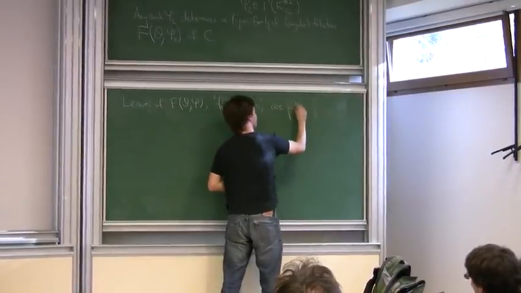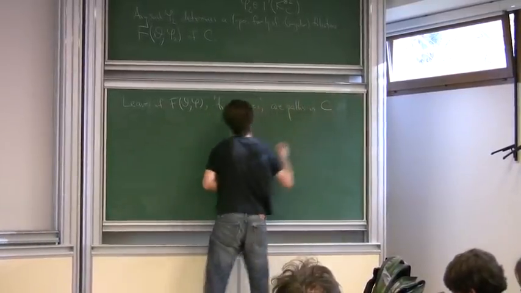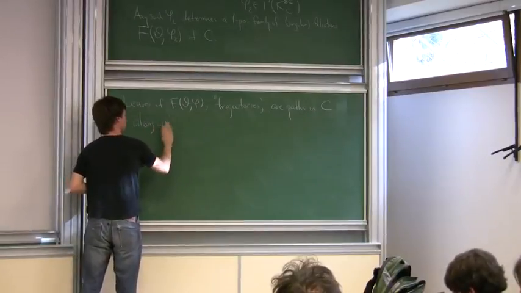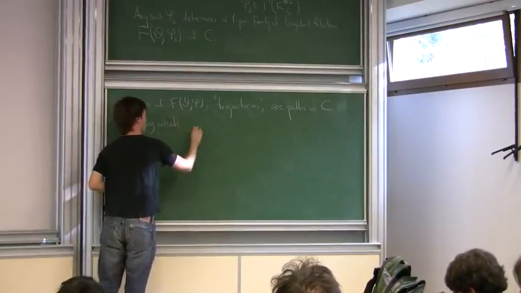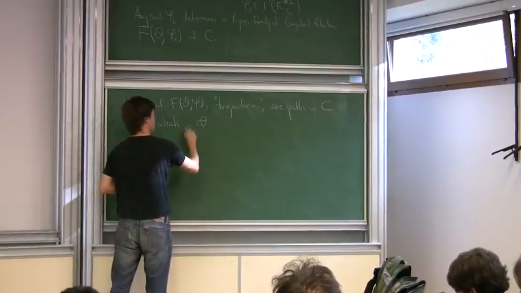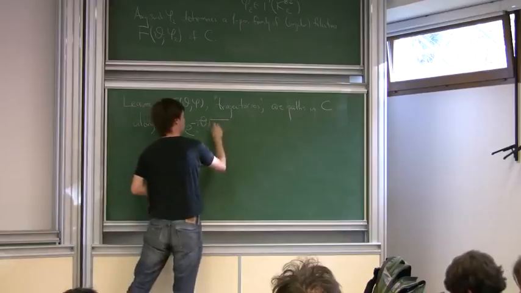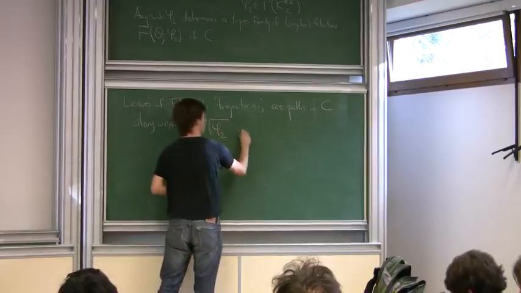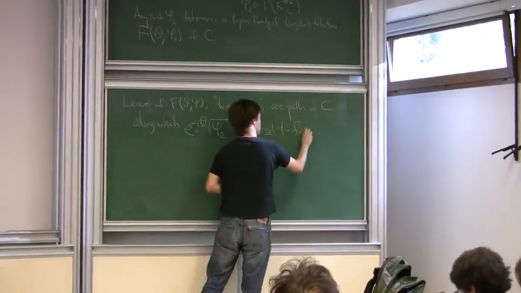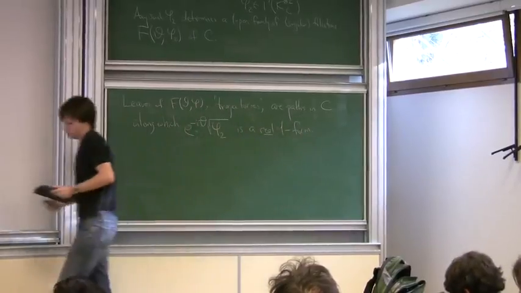So they're just paths in C along which e to the minus i theta square root of phi 2 is a real one-form. What does this mean? So phi 2 is some global thing.